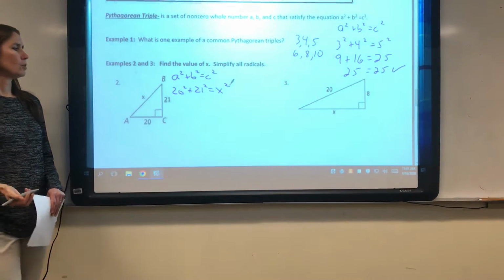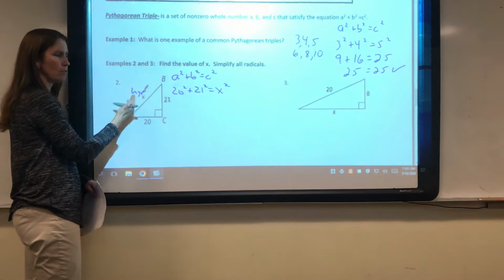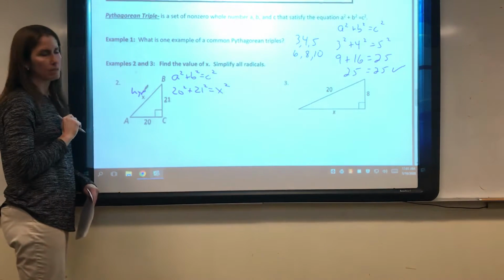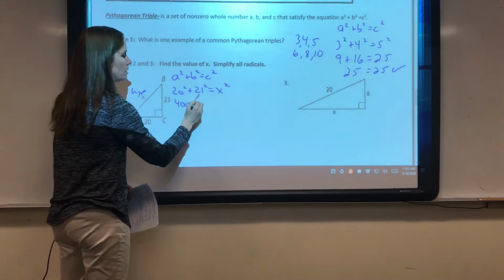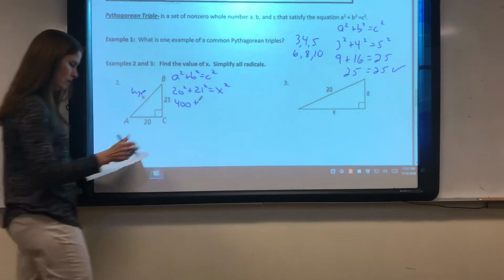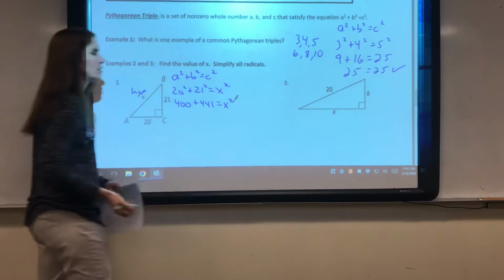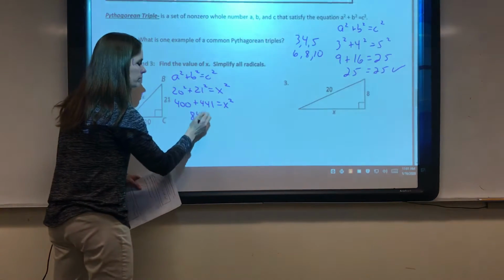Okay? So again, I know that across the right angle is my hypotenuse, so that's what has to go in for c's place. The other two, again, it doesn't matter in for a or b. And when I work it out from there, I've got 400 plus 441 is equal to x squared. When I add 400 and 441, I get 841.